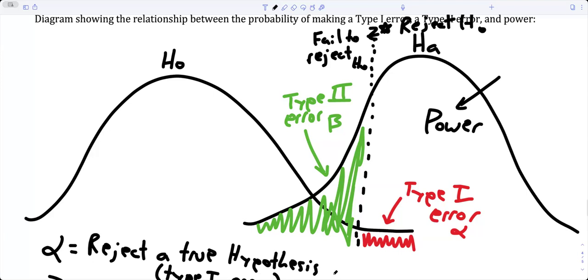Beta gets less, right? And what happens to alpha? Alpha would get larger, right? What happens to power? Also, if I take this line, the z critical value, and move it to the left, power would get larger also. And vice versa. If I move it this way, beta is going to be higher, alpha would be less, and power would also be less.